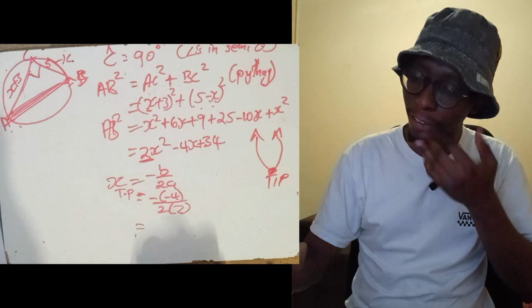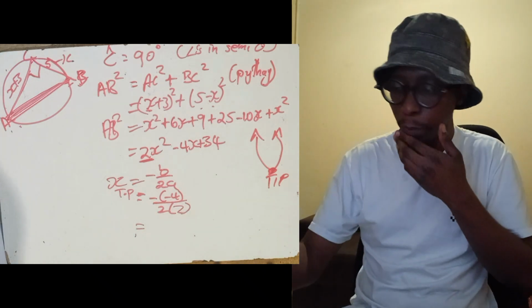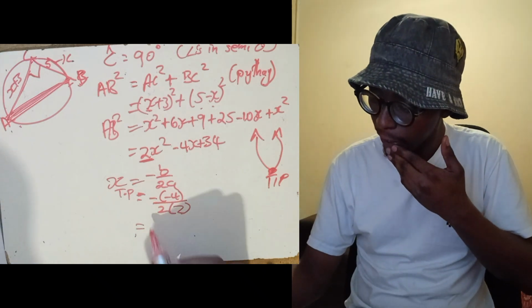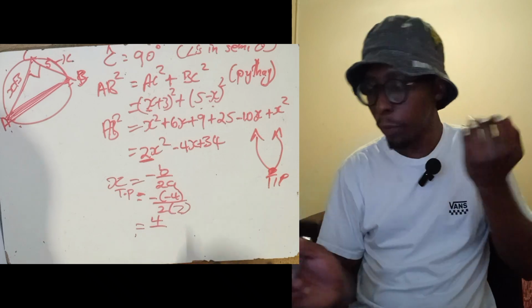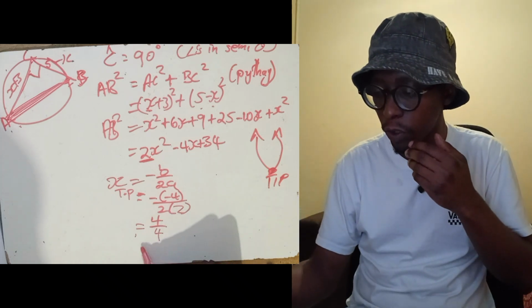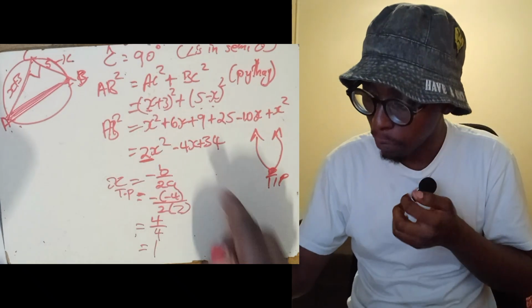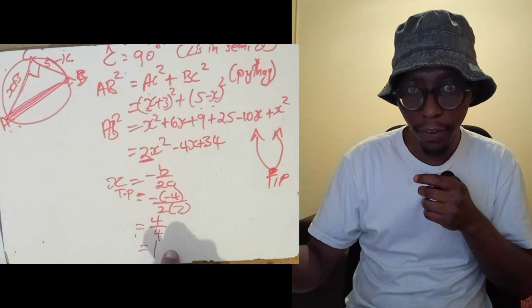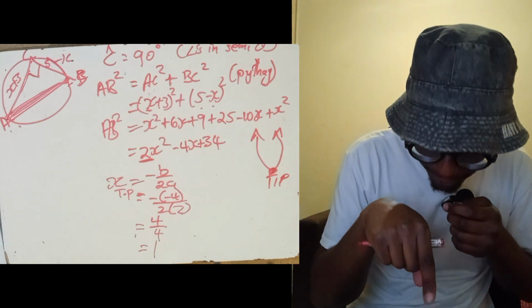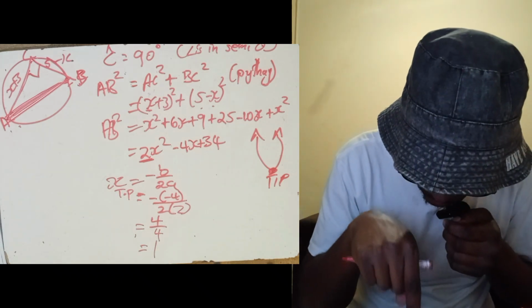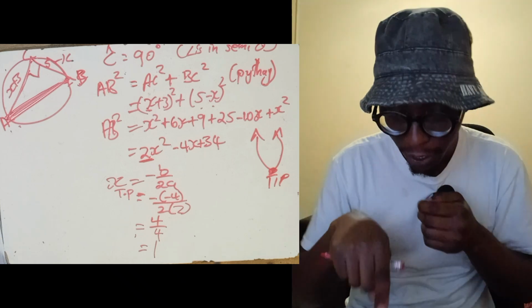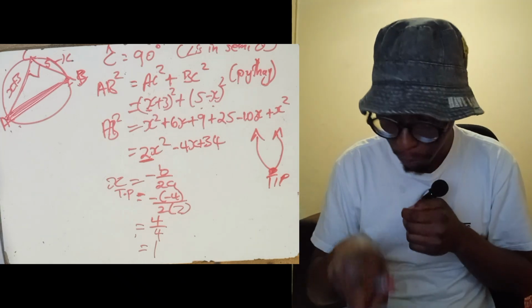So now negative times negative is positive, so this will be 4. And then on my denominator, 2 times 2 is 4. 4 over 4 is 1. So the x value at the minimum for this function is 1. So the x value that will make AB, which is the diameter, the minimum length is 1.